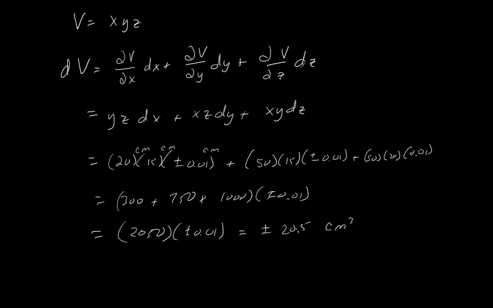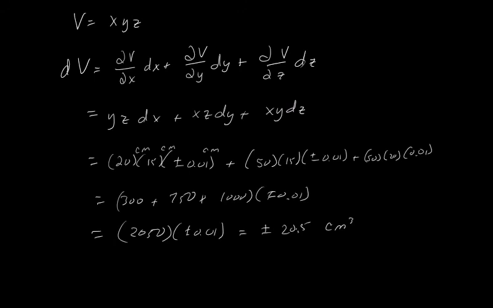Okay, so our propagated error is 20.5 cubic centimeters, give or take, right? So our measured volume was 15,000 cubic centimeters. So that's going to be off by possibly 20.5 cubic centimeters, either too high or too low by that amount.